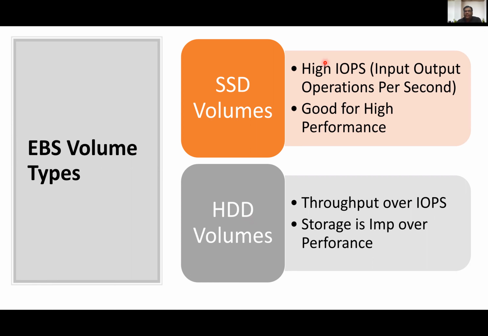IOPS is nothing but input output operations per second, and they are good for high performance. So when your EC2 instance needs storage with high performance, you're going to use SSD volumes. And what are HDD volumes? There, throughput is more important than IOPS, and storage capacity is more important than performance.